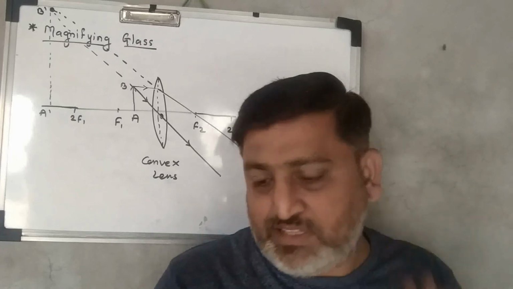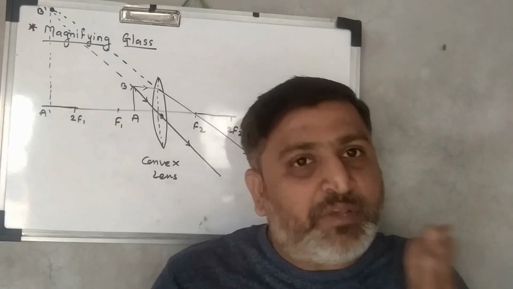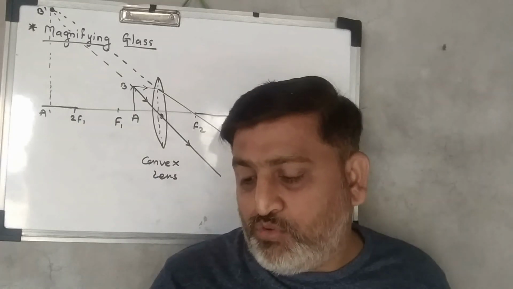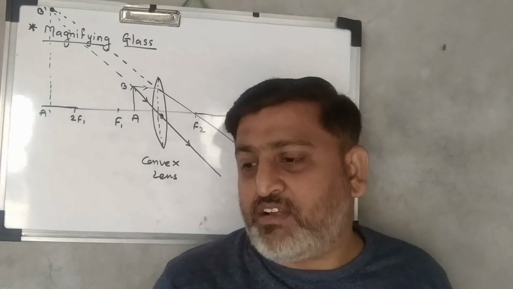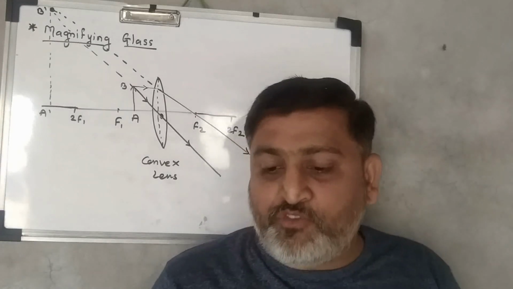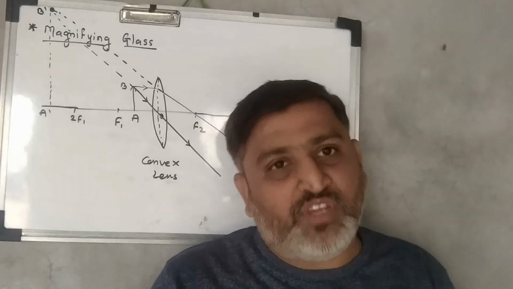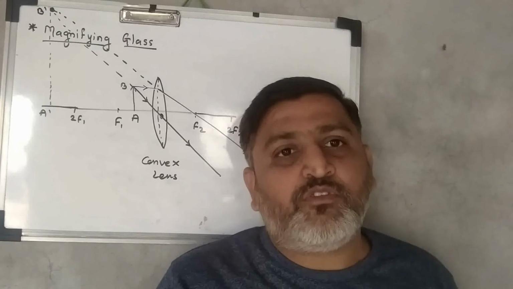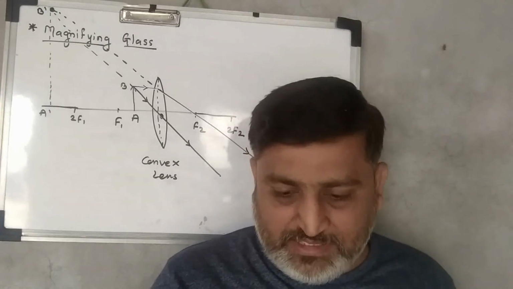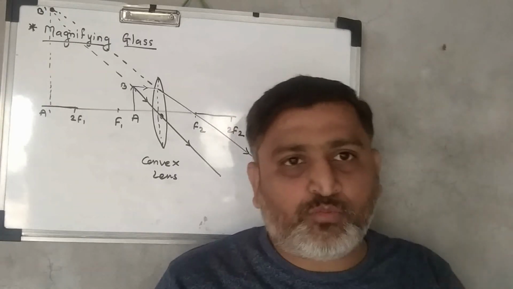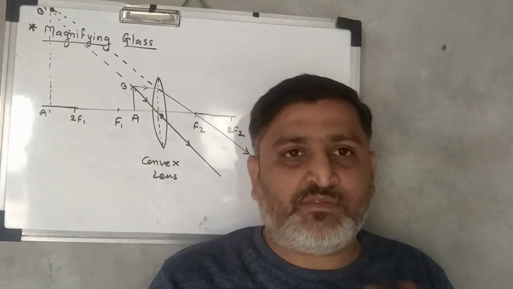Hypermetropia, convex lens. Then there are myopic persons. Those who are myopic can't see objects which are at a far distance, okay, so they can wear spectacles of concave lens. Some people have both problems, short-sightedness as well as long-sightedness.